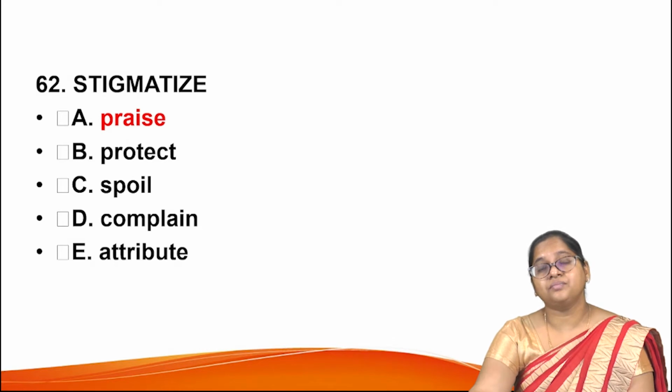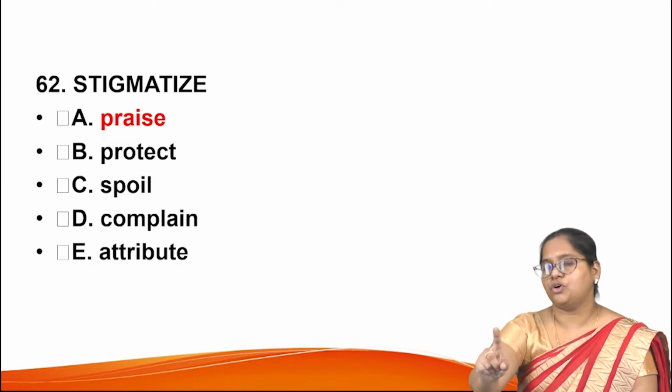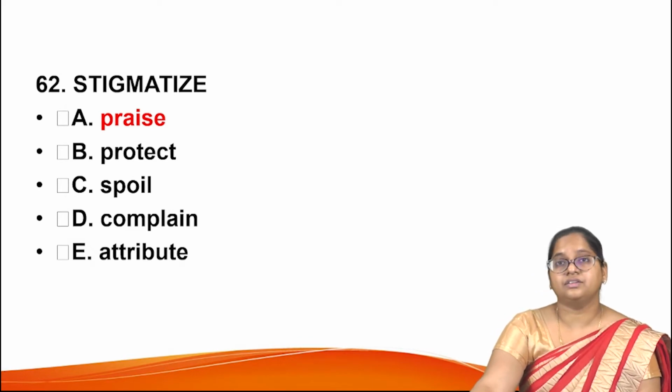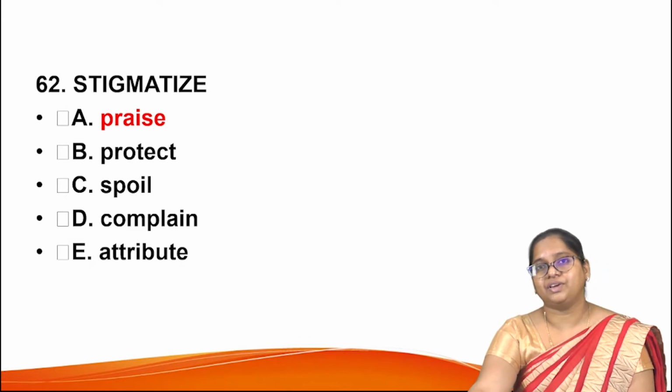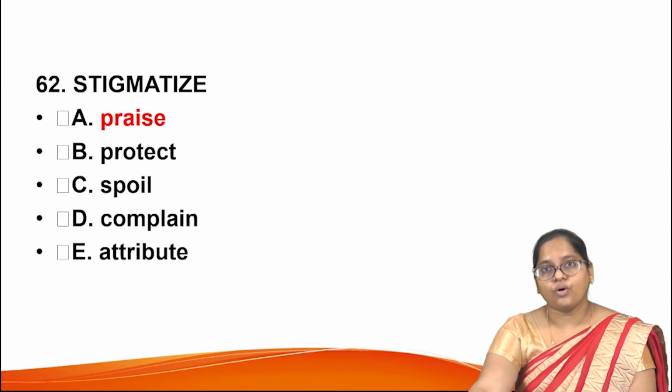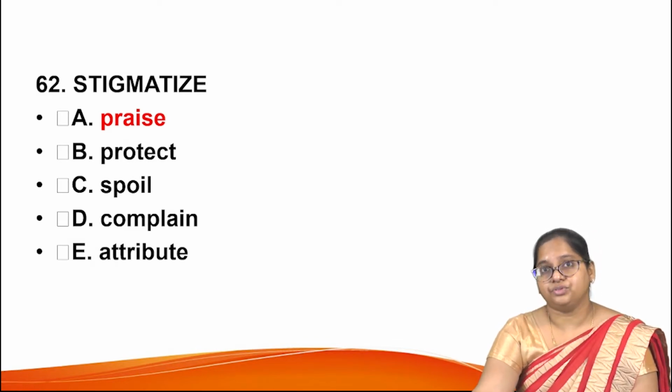Next, 62. Stigmatize. So what is stigmatize? Is it like you do something to the person? If your guess is that, then it is absolutely right. Now let us discuss all the options given in detail. Praise, protect, spoil, complain, attribute.